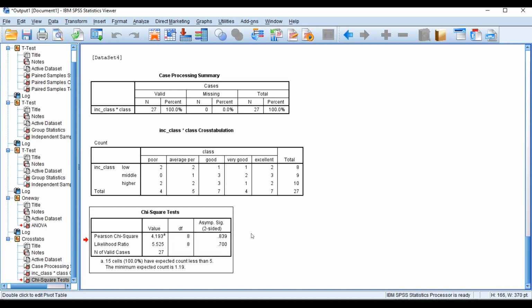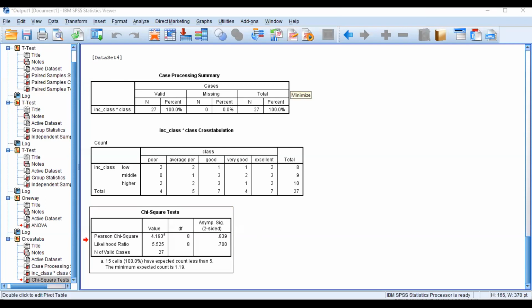In this case, what will be our null hypothesis? The null hypothesis is that there is no significant dependency between the income class and the class performance of the student. Whether he or she is from a good economic background or a bad economic background, it doesn't matter.